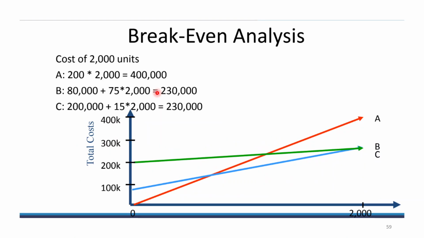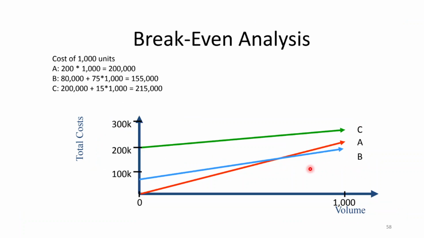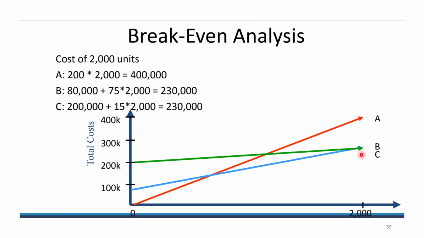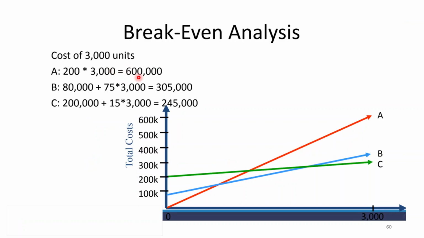Next, you can draw these lines and find out the cheapest at various ranges. Previously you saw for 1000: B is the cheapest method. At 2000 we can see B and C are both equal, at 2,30,000, and A is the highest cost.